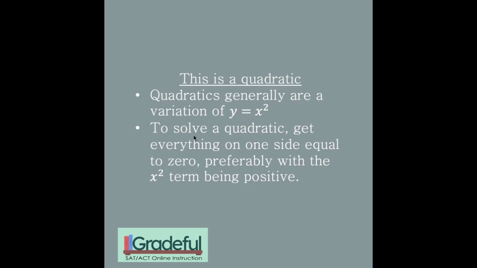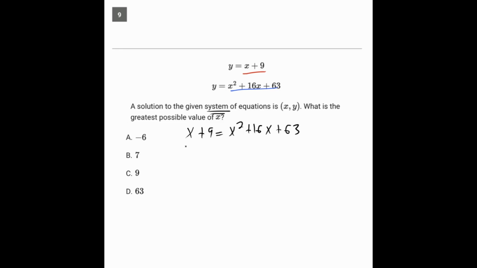And to solve one, you have to get everything on one side equal to 0, preferably with the x squared term being positive. For us, that means taking away x from both sides and also taking away 9 from both sides. So we'll have 0 equals x squared plus 15x plus 54.